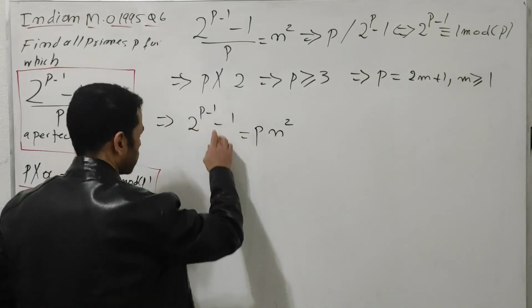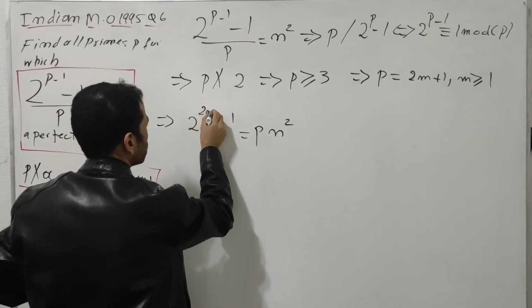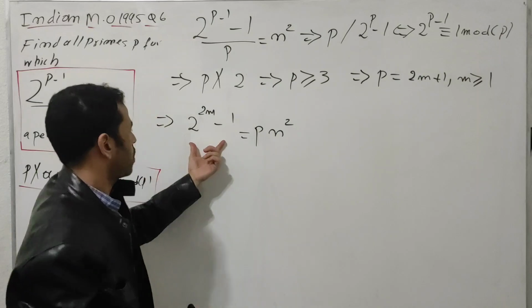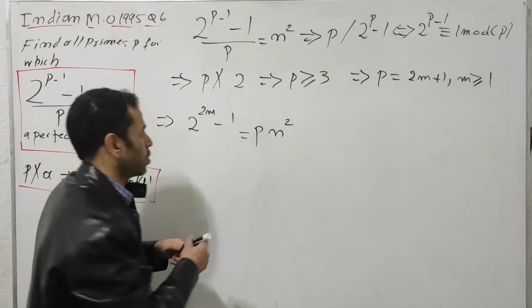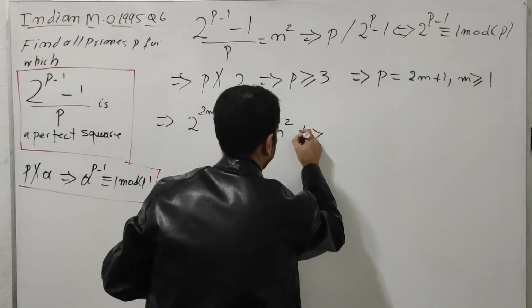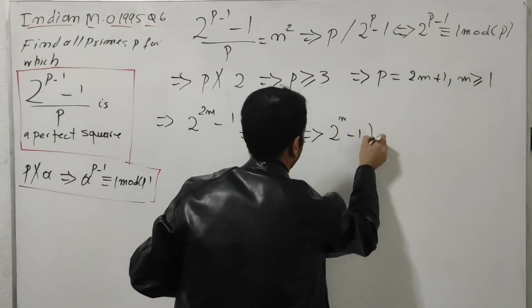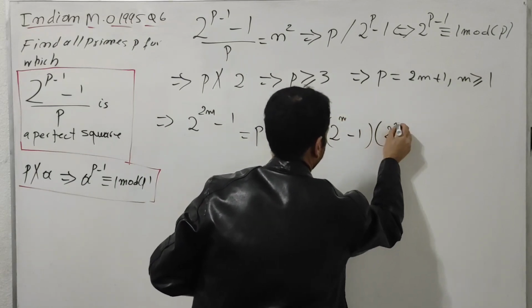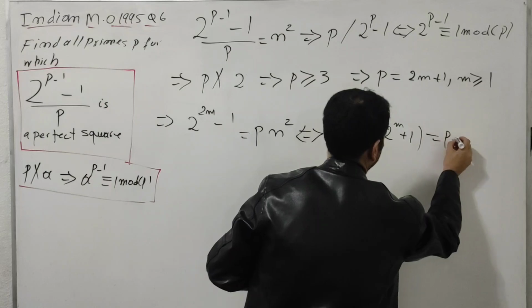So I'm going to replace it with 2m. Then I have a factorable polynomial, and I'm allowed to factor it. This gives me (2 to the m minus 1) times (2 to the m plus 1) equals p multiplied by n squared.